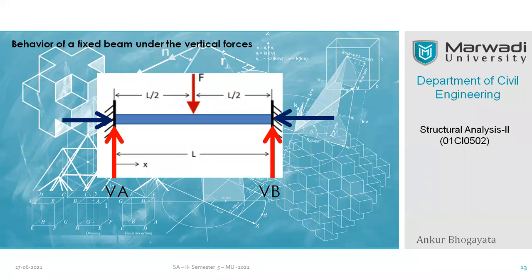Sometimes, because of the absence of horizontal action, horizontal reactions are not always possible. When you don't have action in the horizontal direction, you don't expect any reaction in the horizontal direction. It is as simple as that. However, ideally, we are discussing the ideal end moments and end forces in the fixed beam. So here you can see that HA and HB are the horizontal reactions developed at the fixed support.